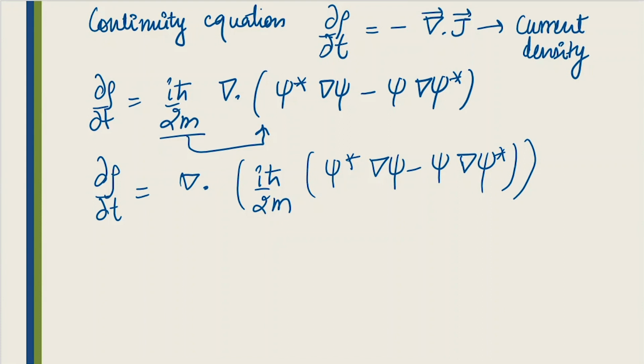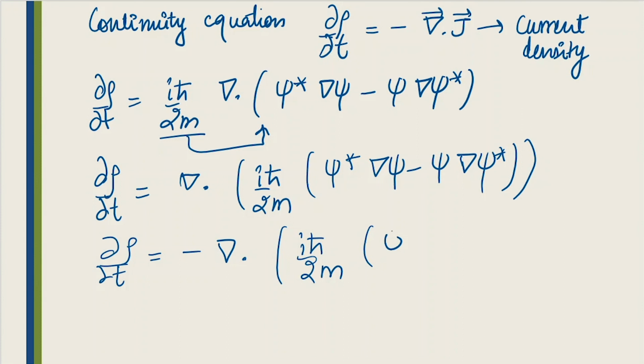We can take out the minus sign, so our expression becomes psi del psi star minus psi star del psi, with the minus sign taken out.